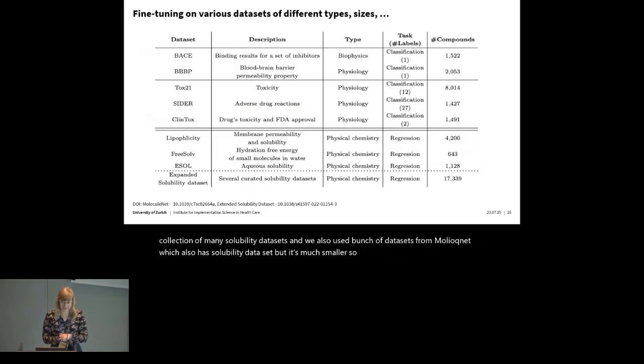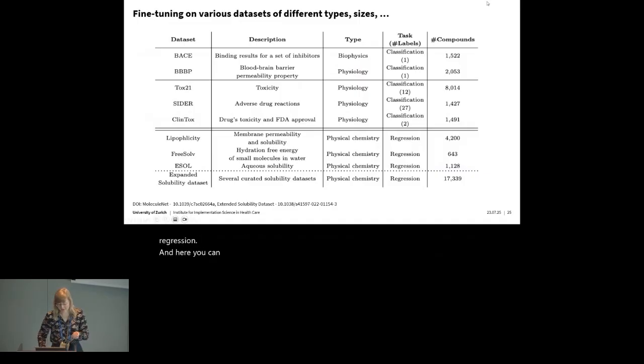So to give you an idea, we really tried to see, does it work for binary classification, multi-label classification, and regression? And here you can see all the data sets we tried. So we have different types here and different sizes. I mean, they're still quite small, but we tried to get a variety of size and types.